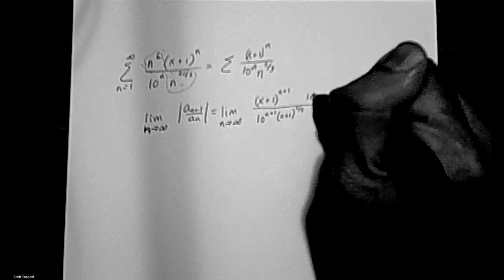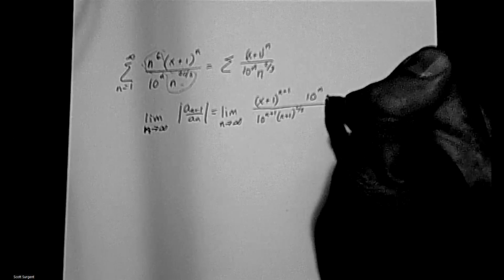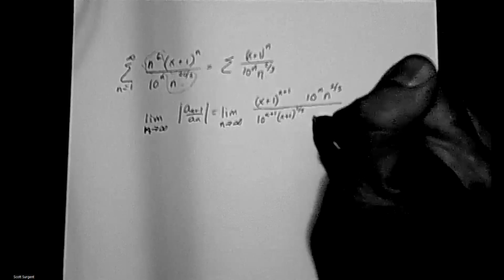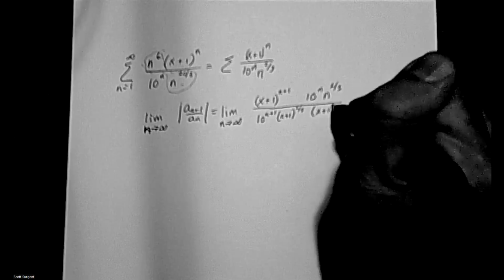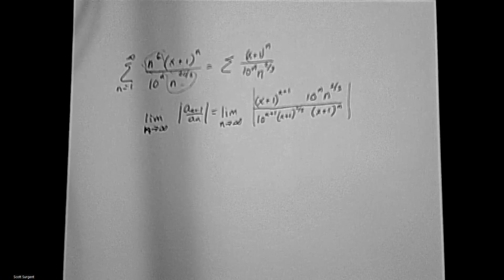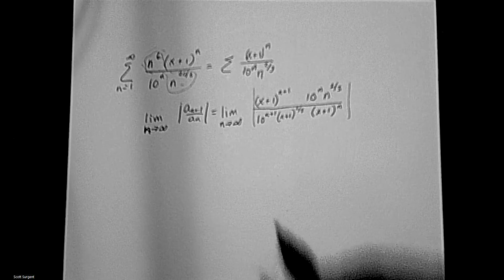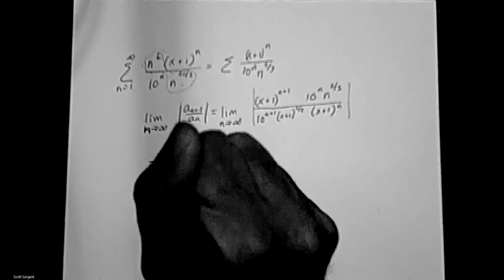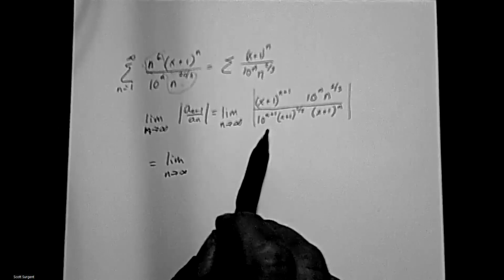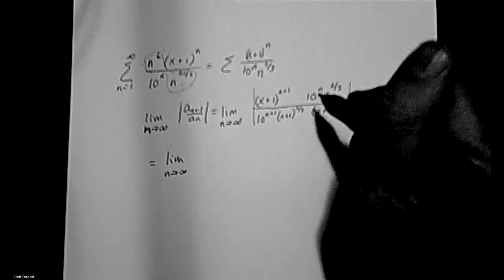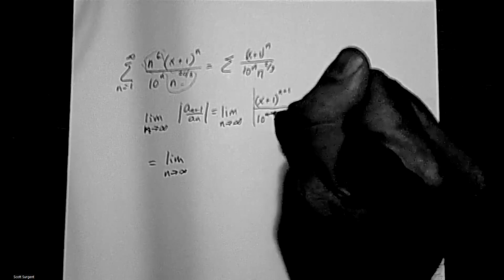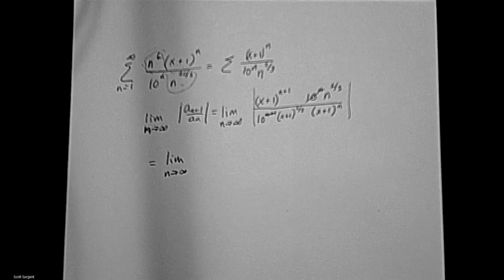So actually the 10 over n and the n to the 2/3 pop to the top, and this guy now goes in the bottom. And again, it's messy. I apologize. So let's clean it up. The n tens up top will take care of all but 1 in the bottom, so there will be a 10 in the bottom.